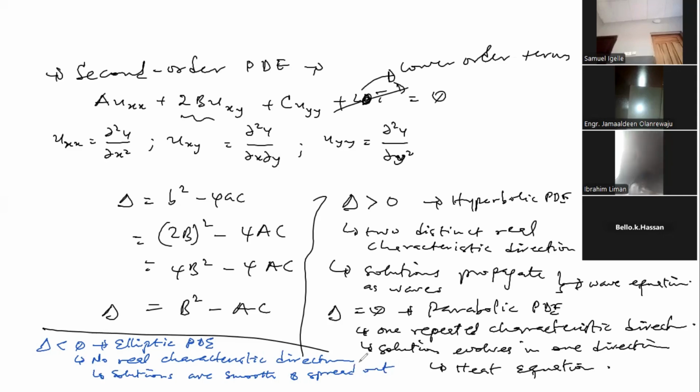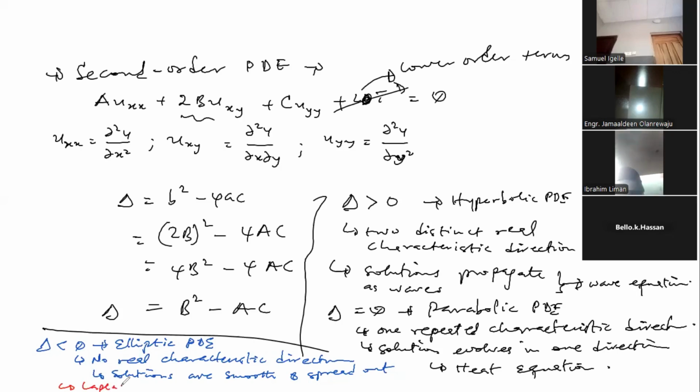If there is no real characteristic direction, it means we can't be talking in terms of propagation. We now have to look at solutions that are smooth and spread out. So what equations can we say this describes? Okay, I'll just put it down, then we'll look them up as we progress.